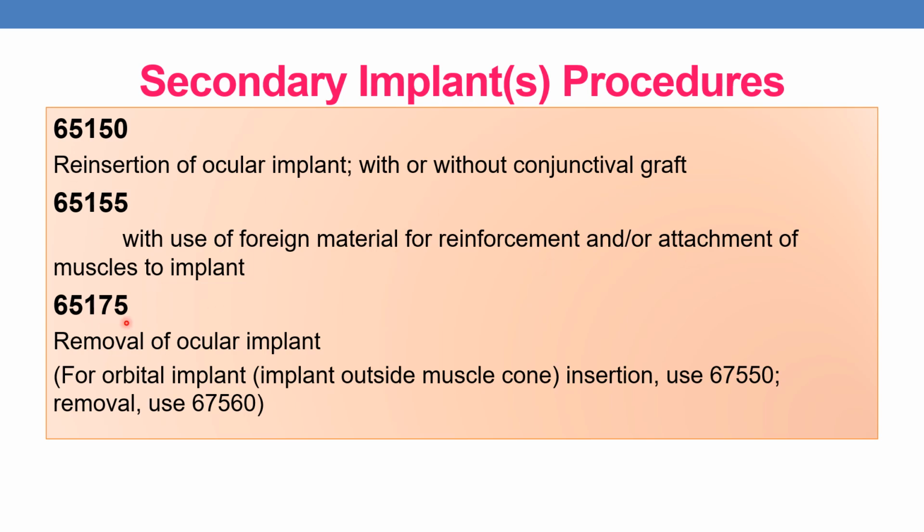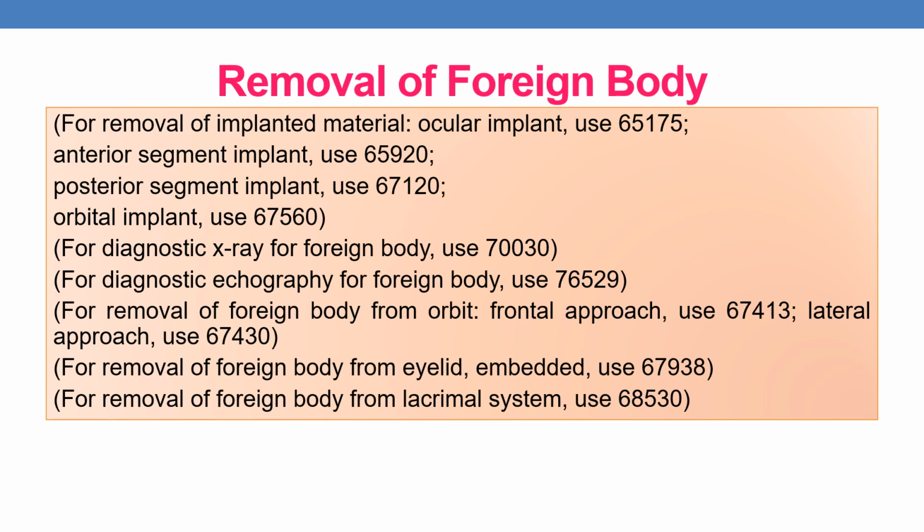The next is 65175. It deals with removal of ocular implant. And for orbital implant outside the muscle cone, for insertion you need to refer 67550, and for its removal, the CPT is 67560.